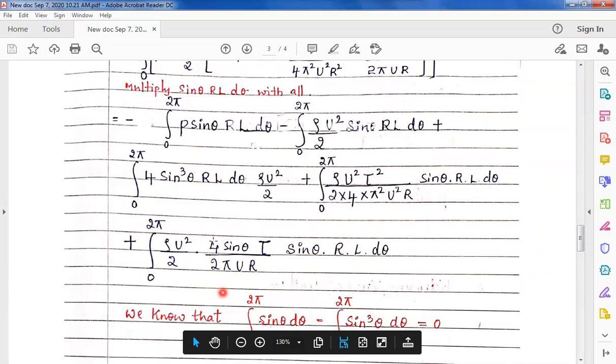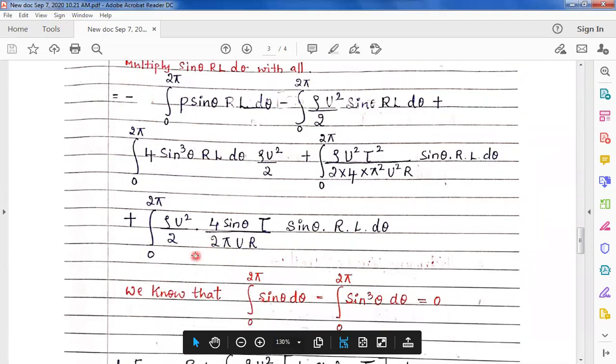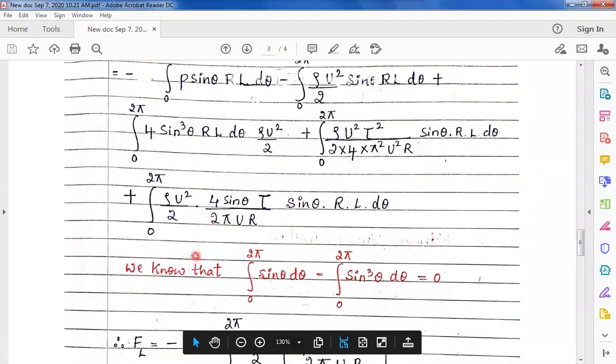After putting all these terms, multiplying with sine theta r L d theta, we know that integration of 0 to 2 pi sine theta d theta is equal to integration of 0 to pi sine cube theta d theta is equal to 0. Wherever you get sine theta d theta and sine cube theta d theta, that term will be 0.